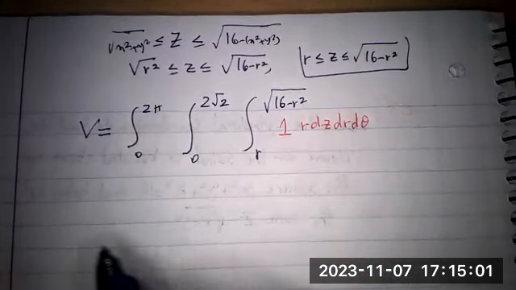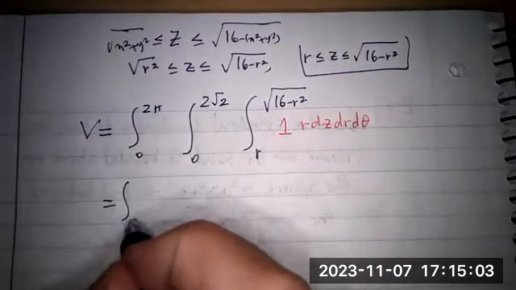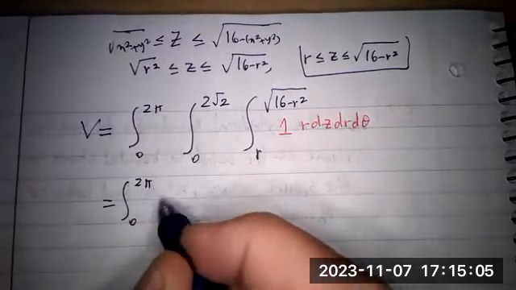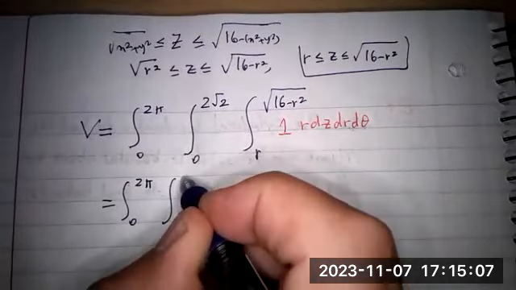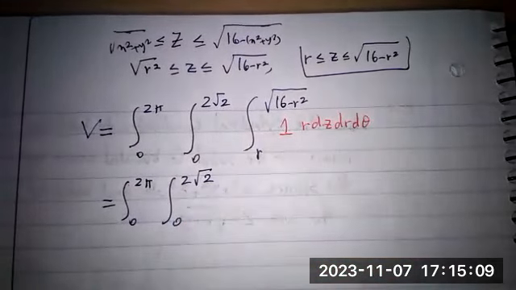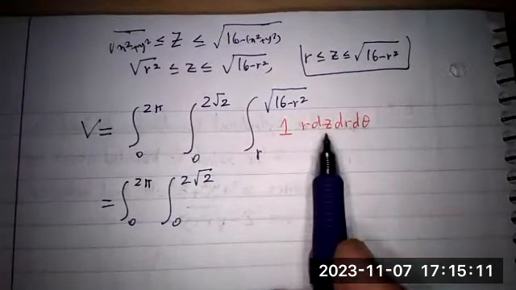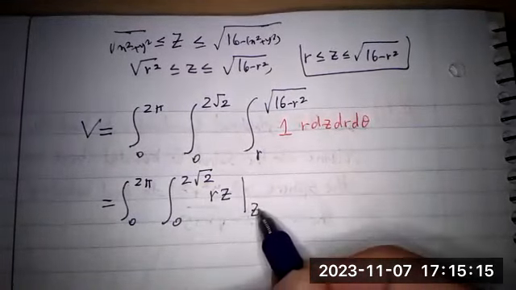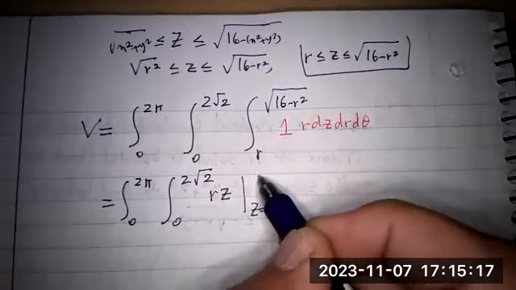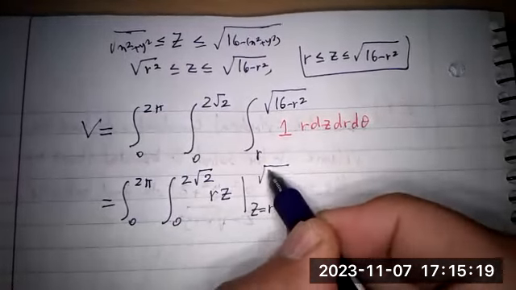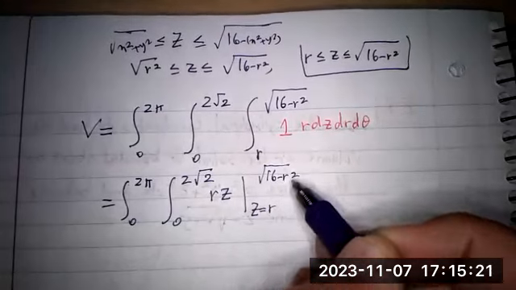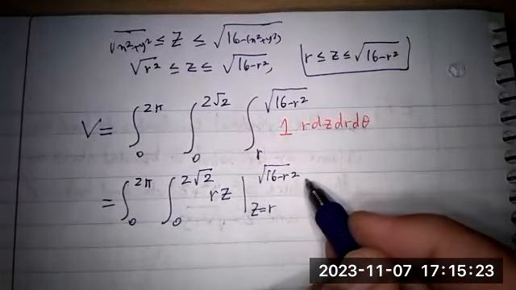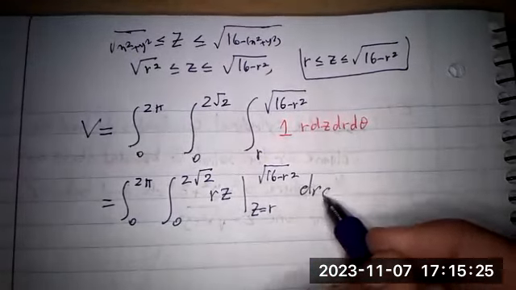Integrate with respect to z first. So it's going to be 0 to 2 pi, 0 to 2 radical 2. The integral would be r times z, with z going from r to the square root of 16 minus r squared. When you're done, you're going to take the integral with respect to r and theta.